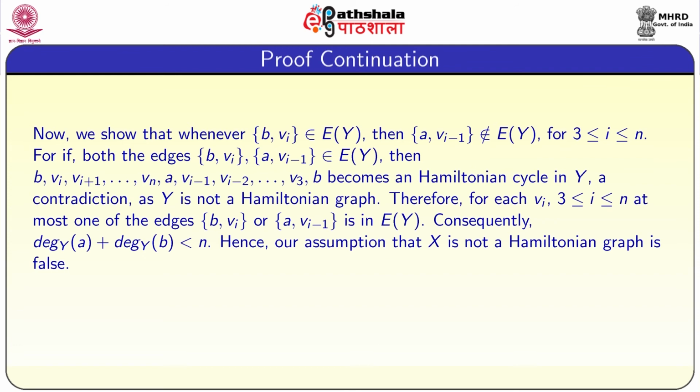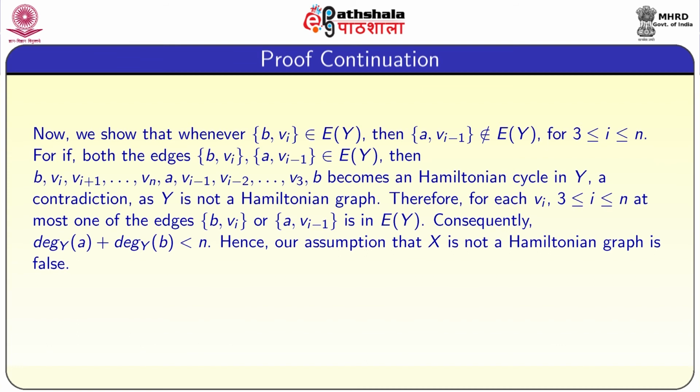Now we show that whenever b comma vi is an edge of y, then a vi minus 1 does not belong to E of y, that is, a vi minus 1 is not an edge of y, for 3 less than or equal to i less than or equal to n.